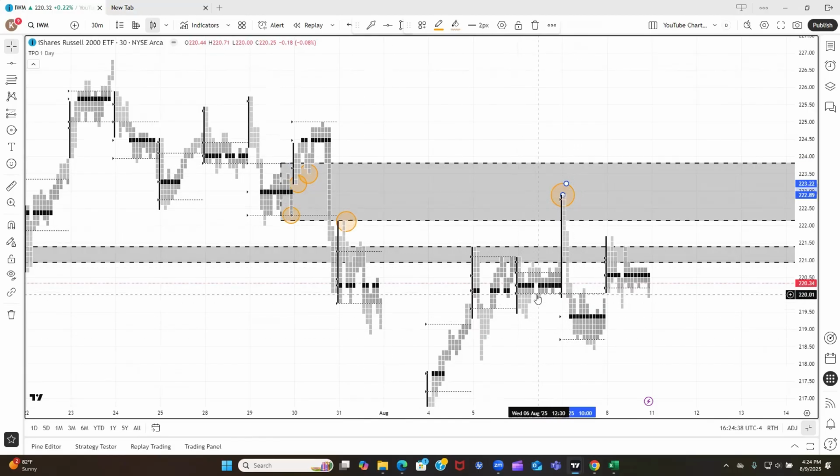So even though we ran through this liquidity that we were grabbing to sell, grabbing to sell, grabbing to sell to run through it, you would think the next time we come to it, we should buy.